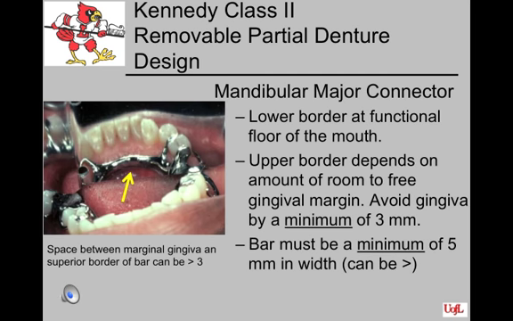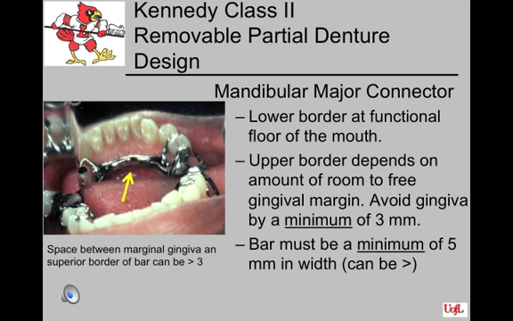The upper border depends upon the amount of room you have from the floor of the mouth to the marginal gingiva. The bar must be at least 5 millimeters wide, and you must avoid the marginal gingiva by a minimum of 3 millimeters, but the important part is that you place the lower border at the functional floor of the mouth.